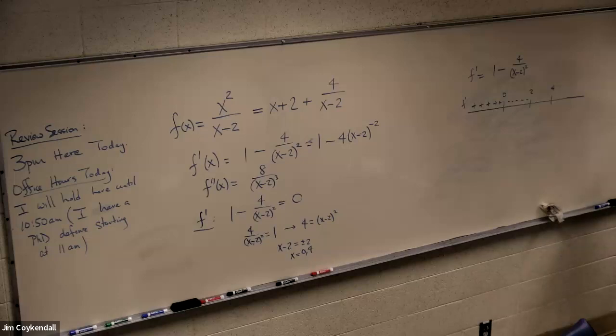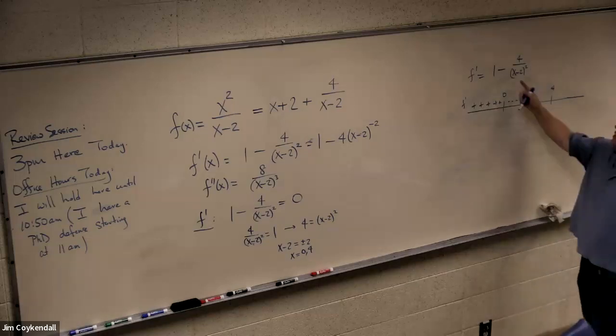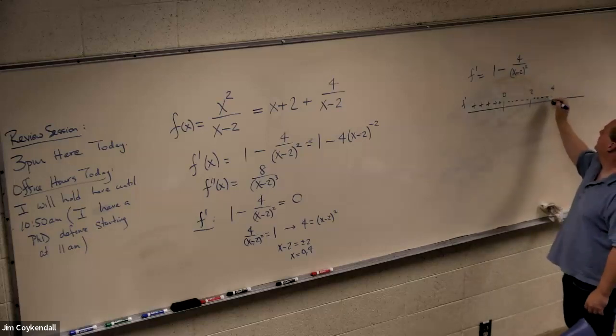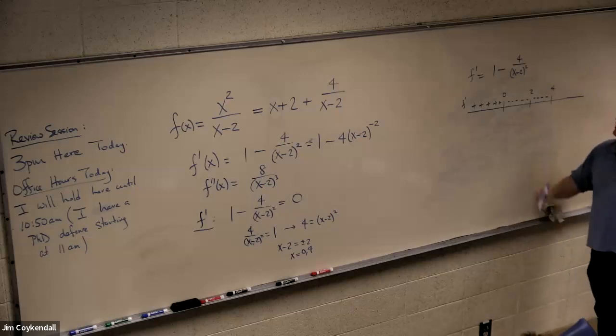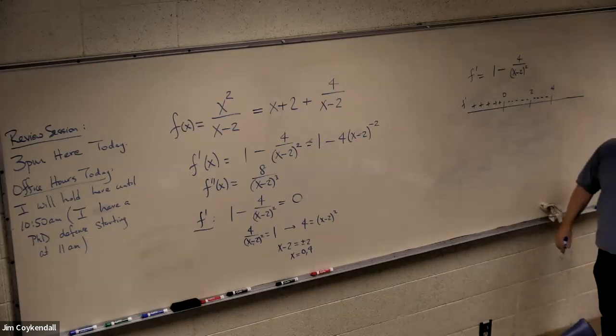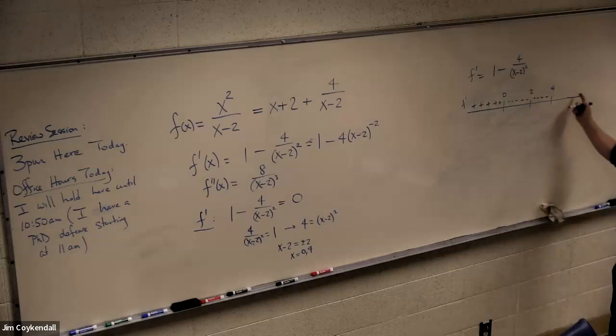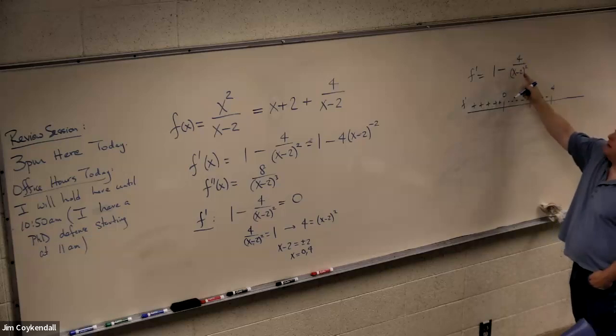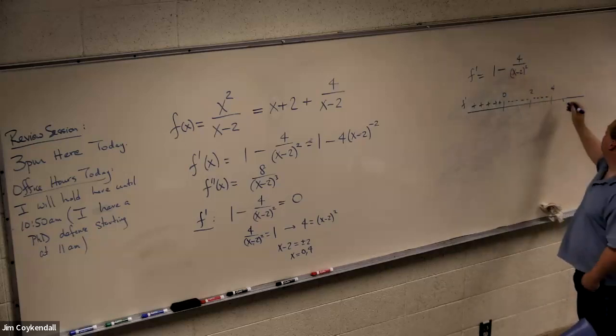How about 3? Three minus two is one squared, so 1 minus 4 is, again, negative. So it doesn't change sign across 2. And what's a convenient number to check here? How about 100? 1 minus 4 over 98 squared, which is very large, so 1 minus very small. That's positive.